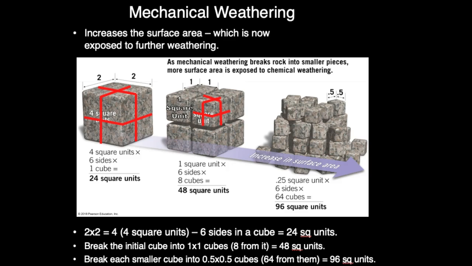And each cube has 6 faces, just like any cube. So each cube has a combined exposed surface of 1.5 square meters, right? But now we have 64 cubes that make up the volume. So if we multiply 64 times 1.5 square meters, we get a combined exposed surface of 96 square meters, okay?